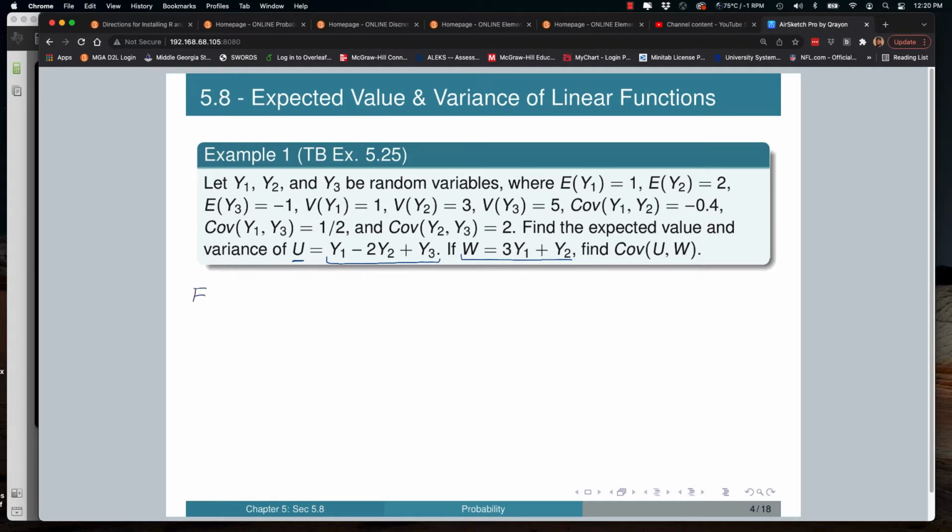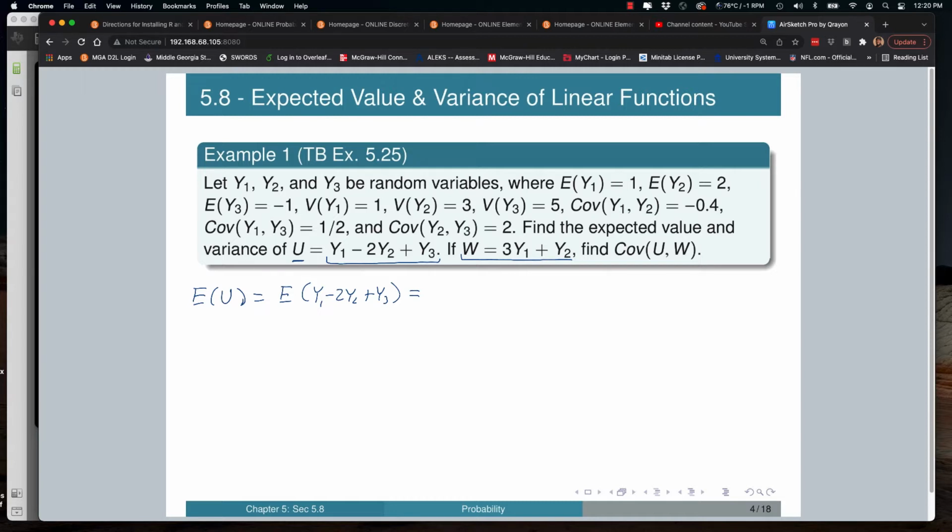It's not too bad. Based on the formula, the expected value of u is equal to the expected value of y sub 1 minus 2y sub 2 plus y sub 3. Now the formula is helpful a little bit, but really all it's saying is that we can pull constants out. Really, we could just treat this like we've been doing before.